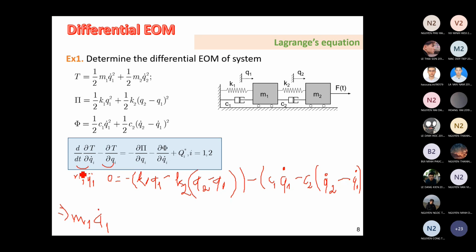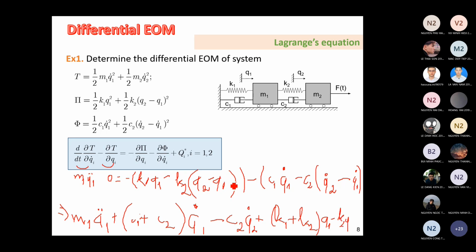So we have first M1 Q1 double dot, and for the Q dot terms, plus C1 plus C2 times Q1 dot, and then minus C2 Q2 dot, and plus K1 plus K2 times Q1, and minus K2 Q2, equal to 0.